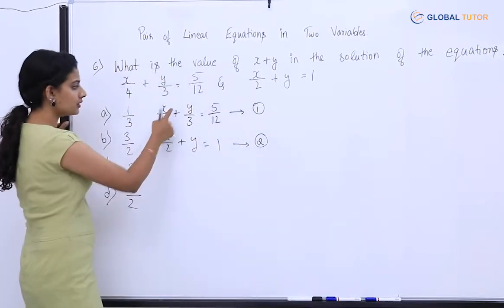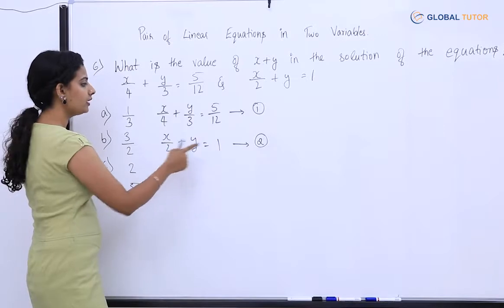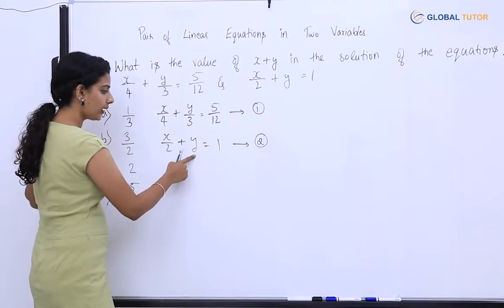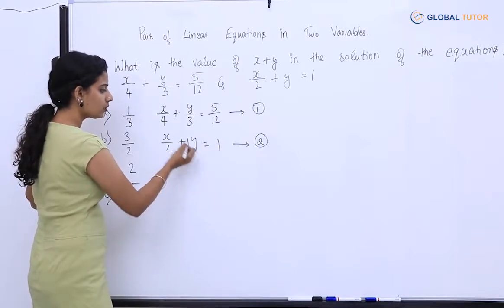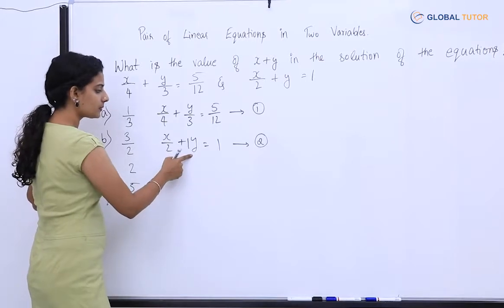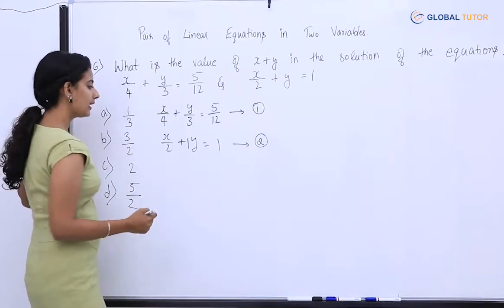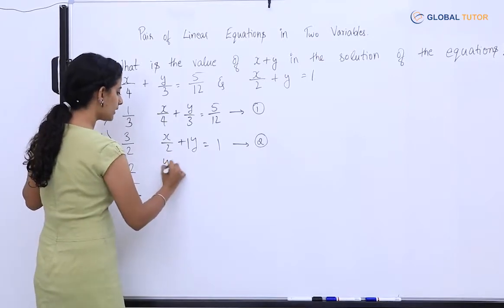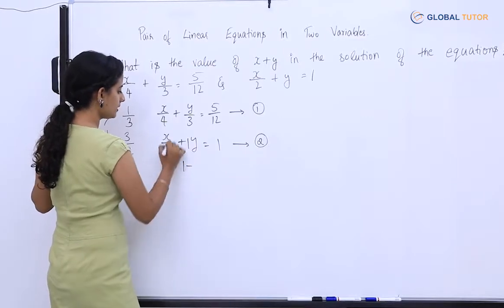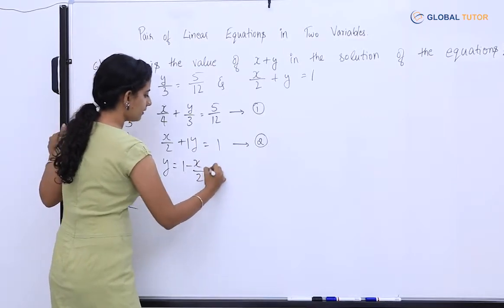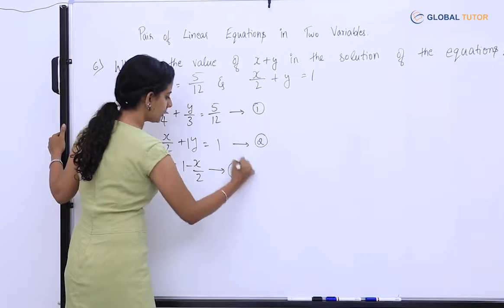If you notice here in these two equations, equation 2 has y whose coefficient is 1. So we can easily represent y in terms of x. So y is equal to 1 minus x by 2, and let me call this equation 3.